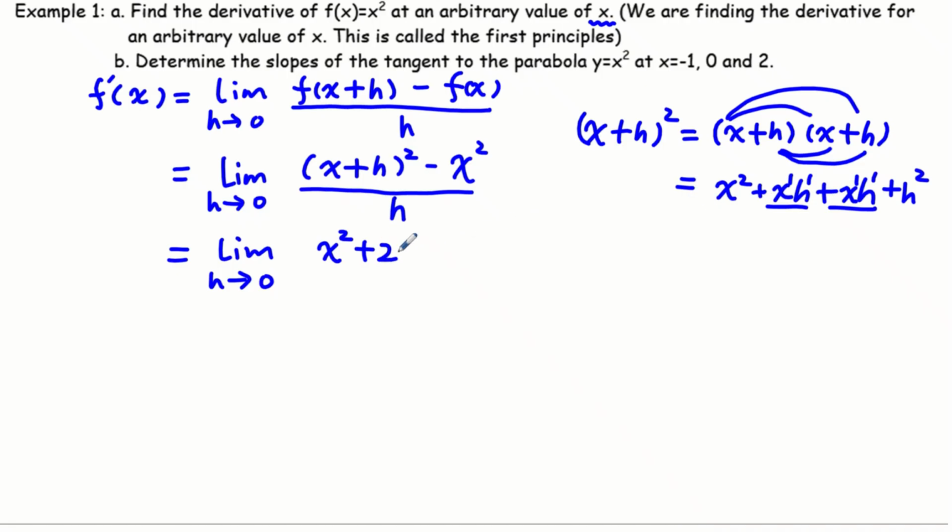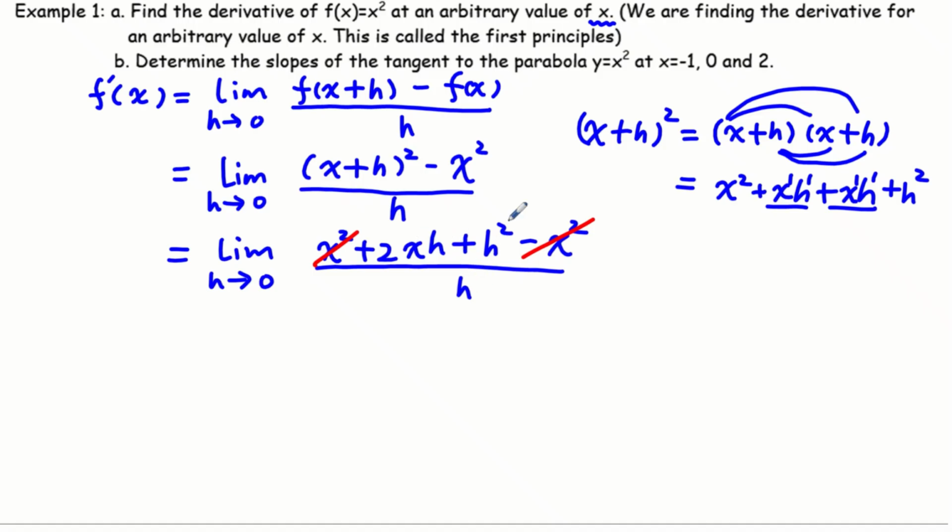So we have 2xh, then plus h squared. This is for the x plus h squared, then minus x squared, all over h. x squared minus x squared, they cancel out. So we have 2xh plus h squared divided by h.